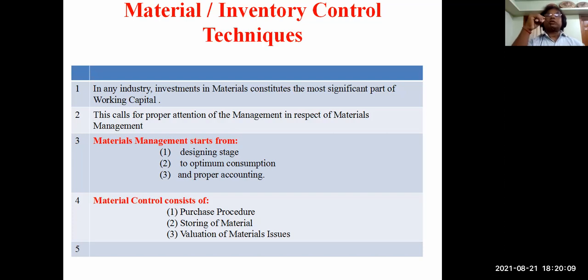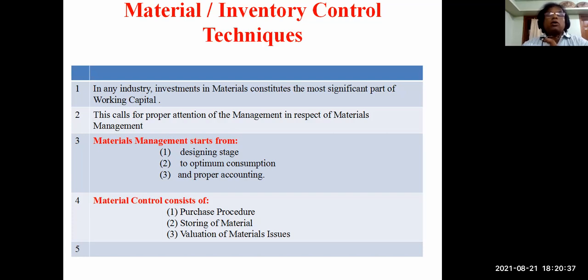What has come first, you issue that price first. Then LIFO, last in, first out. Standard price, base stock, average price, different types of systems are there. Those things are in a different chapter, and those methods are known as valuation methods. Valuation of what? Valuation of material issues. Issues from where? From storehouse to factory.